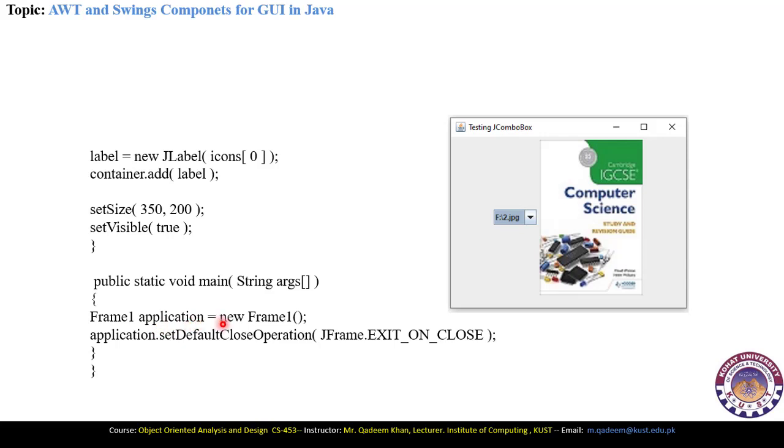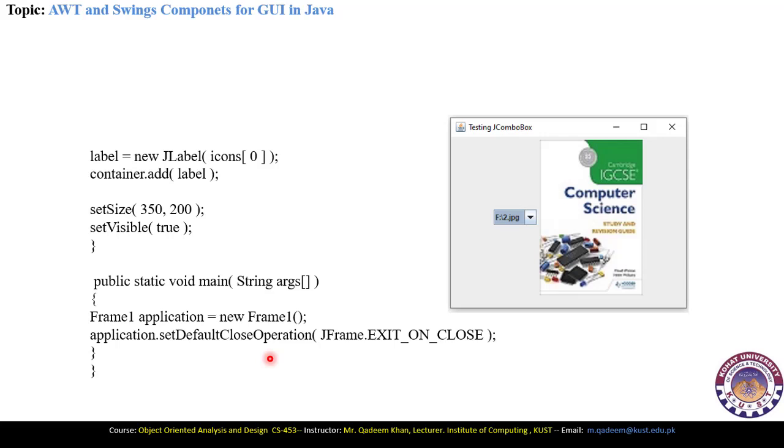So when the object is instantiated inside the main function, the constructor will be called and the constructor will provide all the functionalities. application.setDefaultCloseOperation(JFrame.EXIT_ON_CLOSE). So when this cross button is clicked, the application will be closed. So this is in fact exiting or closing the JFrame here.